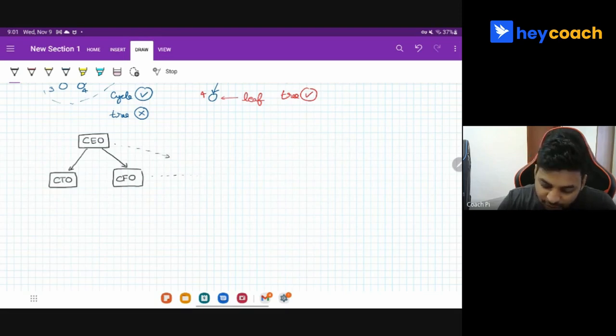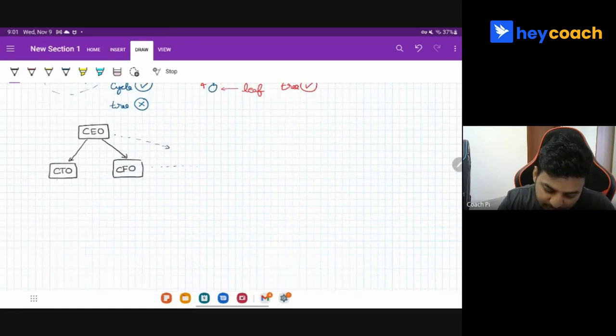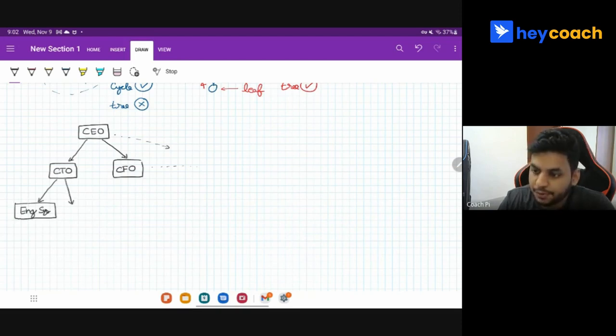And under every organization, let's say under the CTO, there will be multiple organizations. There will be an engineering organization, an engineering systems organization. There will be multiple products, like let's take the example of Twitter. So a subscription organization will be there, right?